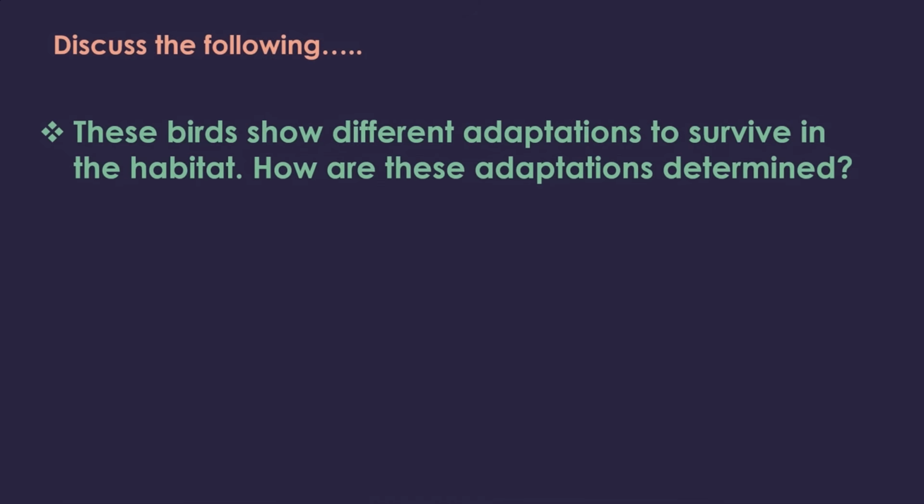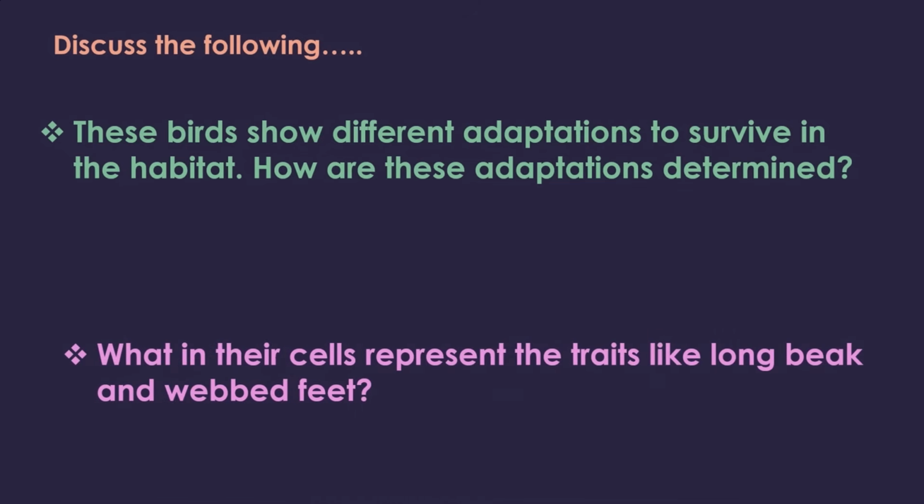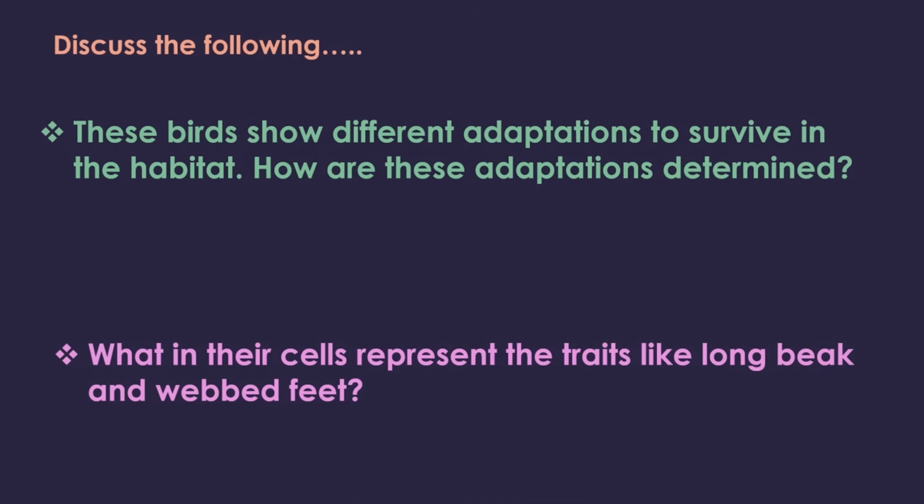These birds show different adaptations to survive in the habitat. How are these adaptations determined? The three of them have different adaptations, and those adaptations are determined by their genes, isn't it? What in their cells represents traits like a long beak and webbed feet?